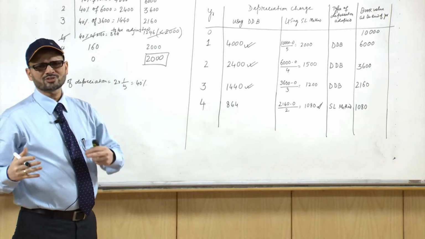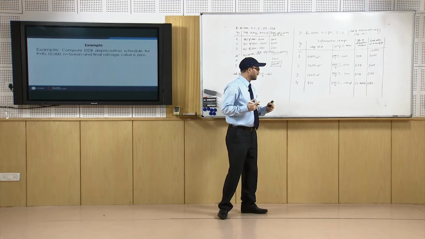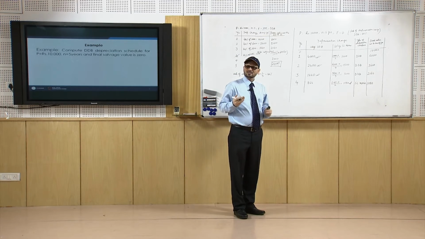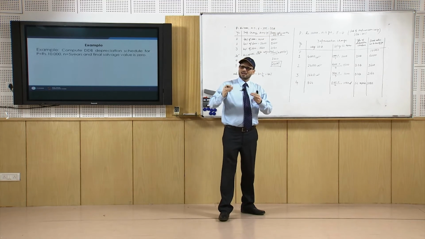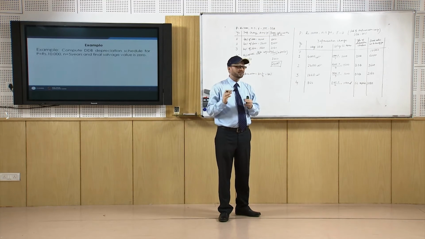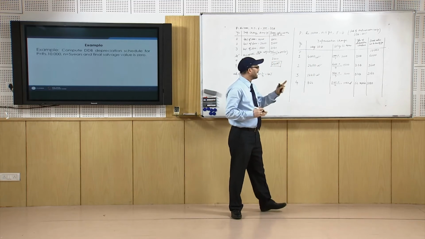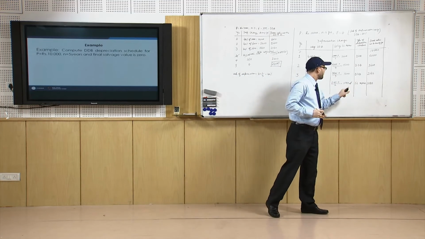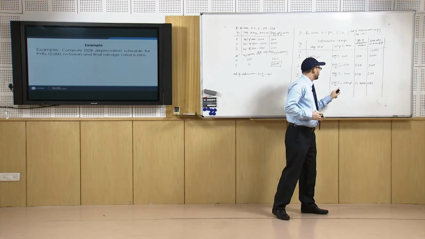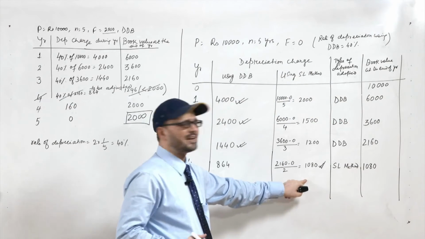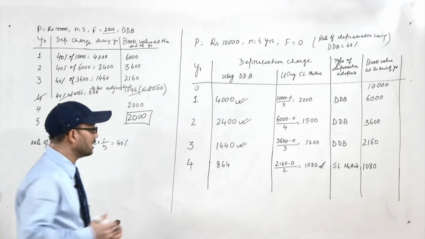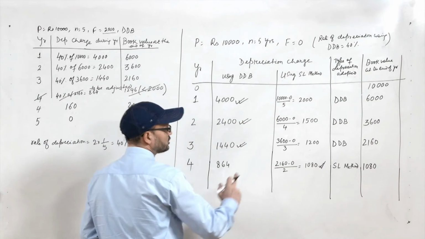Once we switch to straight line method, automatically if we calculate the amount of depreciation using DDB and using the straight line method, we will see that the value of depreciation calculated using straight line method will be always larger. So, basically we will move to straight line method.